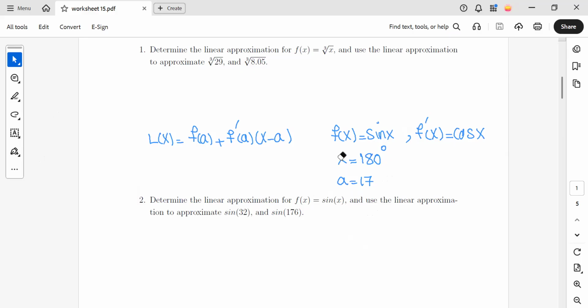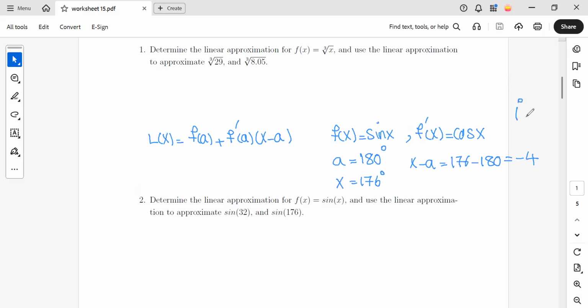Excuse me, this is a, and 176 is x. X is the one that we're going to find. So what is x minus a? It is 176 minus 180, which is negative 4.